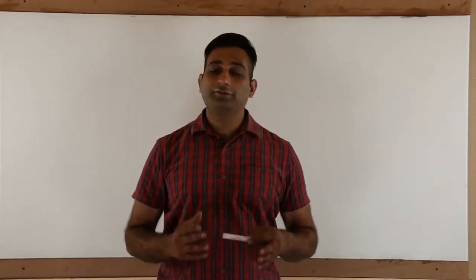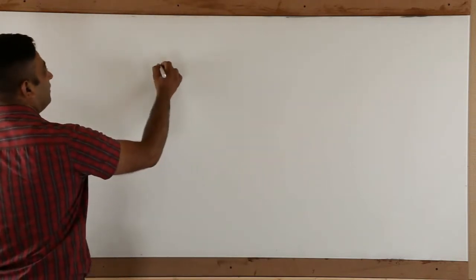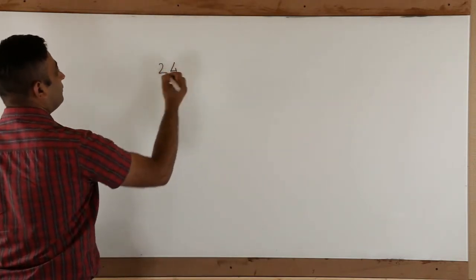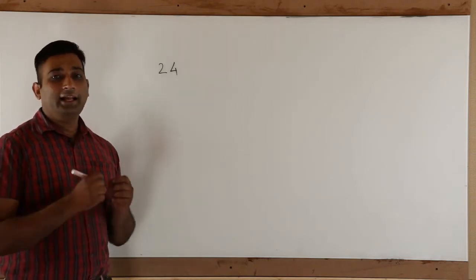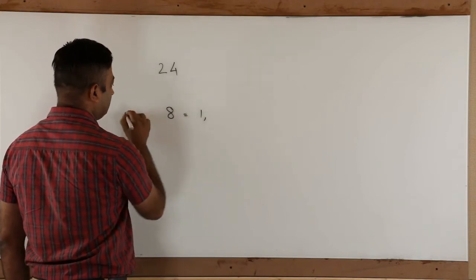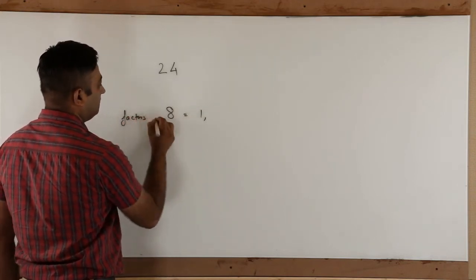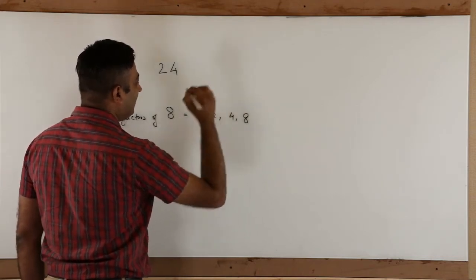Dear students, I hope you must have understood all the rules of divisibility. Now, let us do some more rules. Let us take one example, a number 24. We know that this is divisible by 8 and the factors of 8 are 1, 2, 4 and 8.